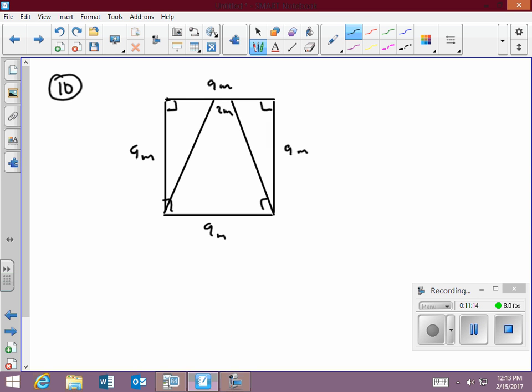We have to find the area of the square first. Okay, and then what? I don't have any idea of how to find it. And we want this area right here.